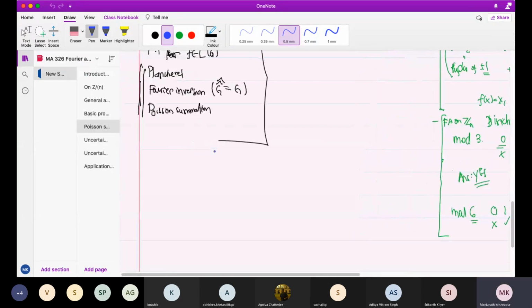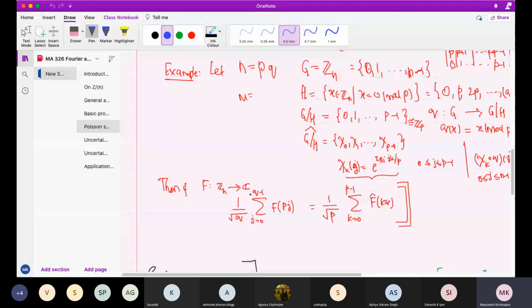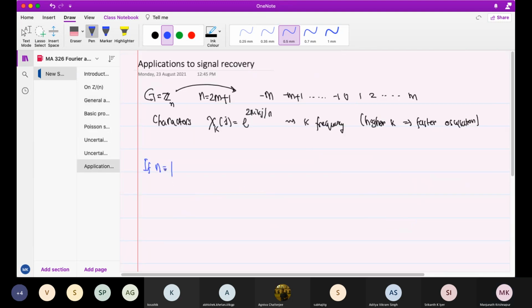You remember, f from Zn to C, n is written as PQ, then you sum f over multiples of P divided by square root Q, which is the same as f hat over multiples of Q divided by square root of P.